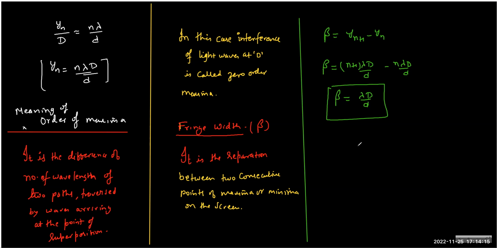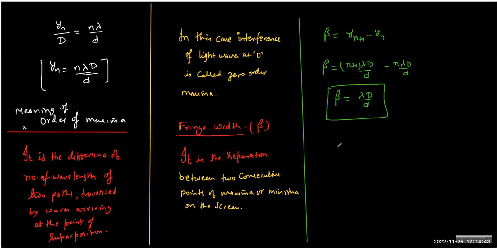So as capital D will increase, beta will also increase, and vice versa. But as you decrease the D, if you bring the two slits very close, beta will become too large. In that case, they start overlapping and they lose the distinction which they have.